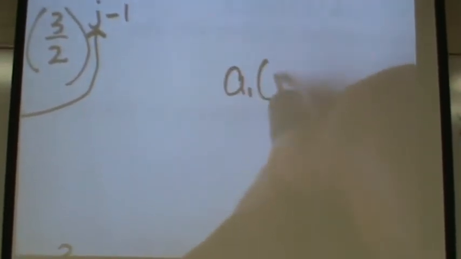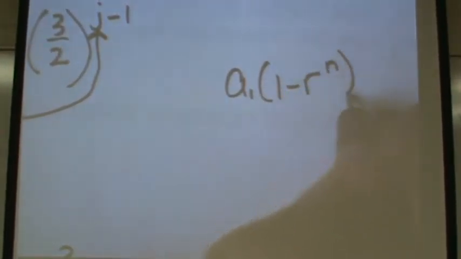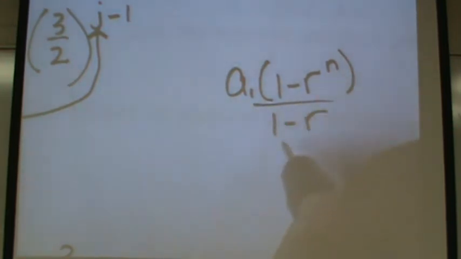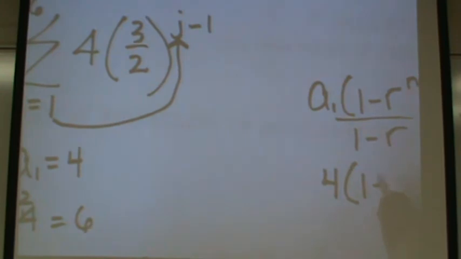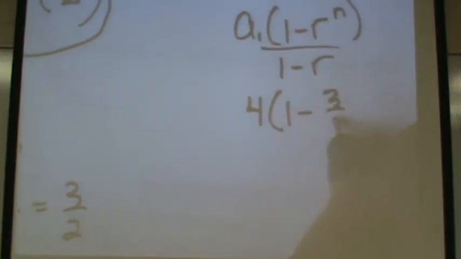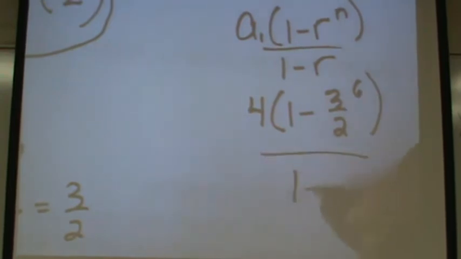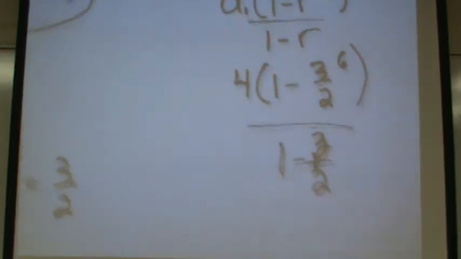So here we go. A sub 1 times 1 minus r to the n power over 1 minus r. The first term is 4. 1 minus our ratio, 3 halves. We're adding 6 terms together over 1 minus r, which is 3 halves.